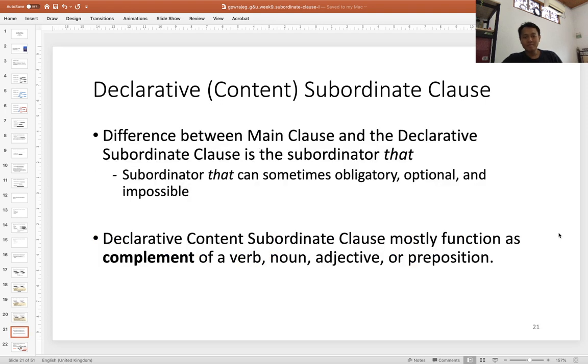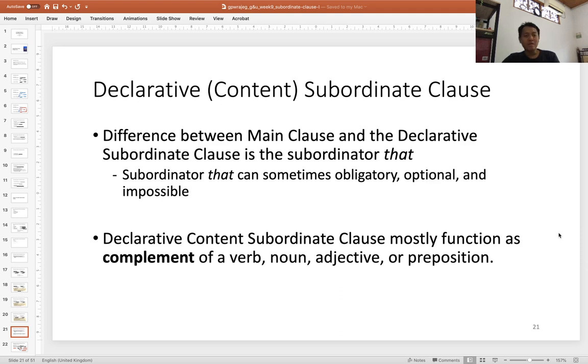Now we have looked at the difference between declarative main clause and declarative subordinate clause due to the presence of subordinate that, and we also have looked at when and where that subordinate is obligatory, optional, or ungrammatical.